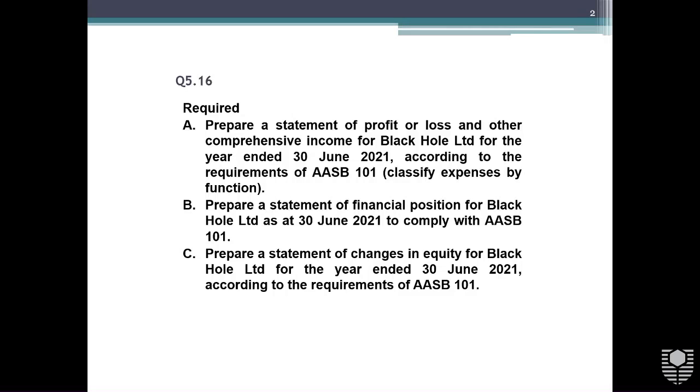Now, under AASB 101, there's a few things that you must do. There's a lot of things where you can change the disclosure, but things you must do: you must show current year and previous year. You also must show the difference.